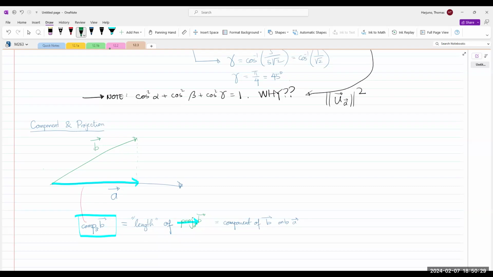Okay? Now, as you can see, the component of vector B onto vector A is basically the length of vector B multiplied by cosine of the included angle. Think about it.